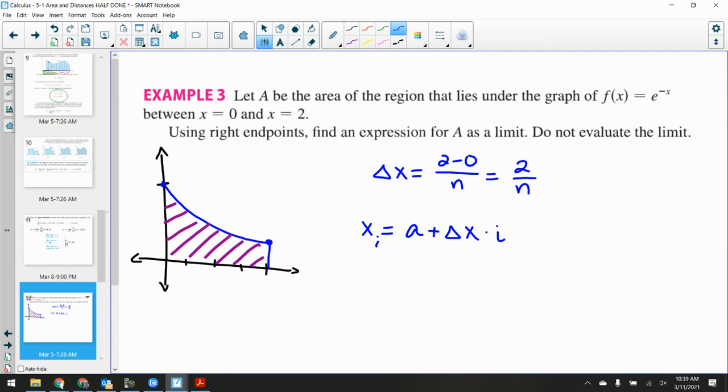If it's my second term, delta x times 2. If it's my third term, delta x times 3. The nice thing about this is I'm starting from 0, aren't I? So xi is really equivalent to 0 plus delta x times i. Delta x is 2 over n, so it's 2 over n times i. And i is just the term number that you're trying to find.